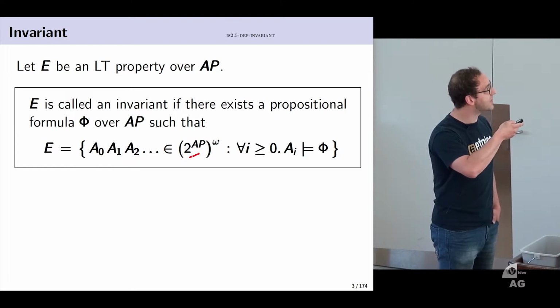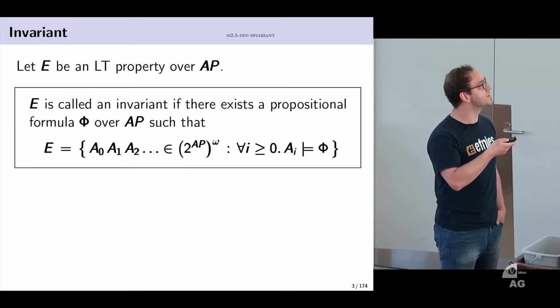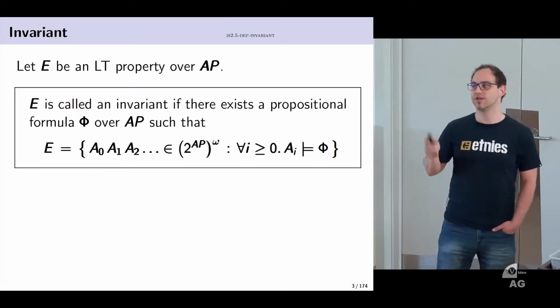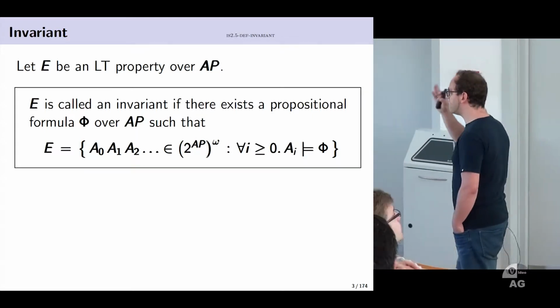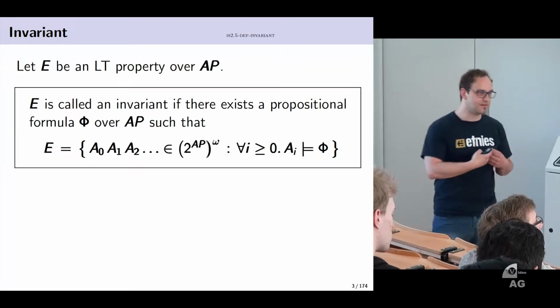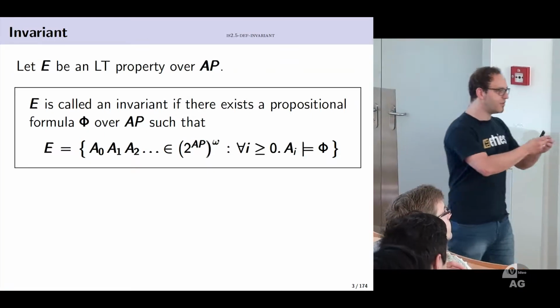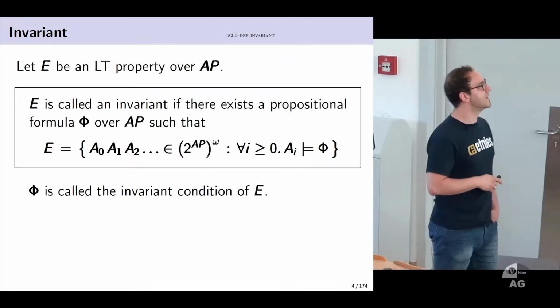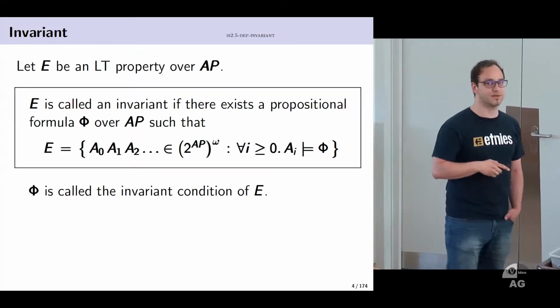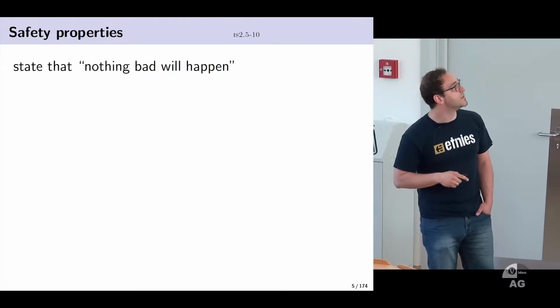Again, the characters are sets of atomic propositions, such that every set along the way at time point 0, 1, and so on satisfies the propositional logic formula. For example, at every point in time, we do have an A in our labeling, meaning that all the traces at every point, really, they have to have an A. So that's what's called an invariant, and this phi is called the invariant condition of the linear time property.